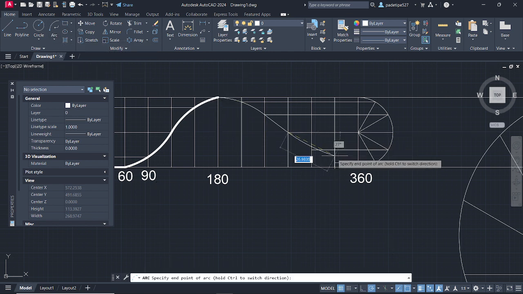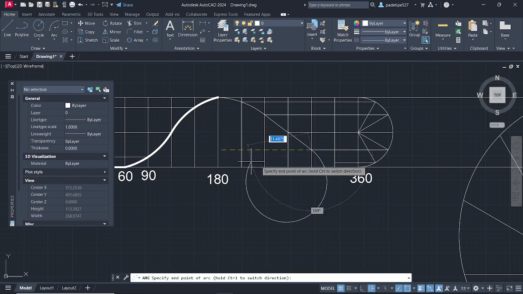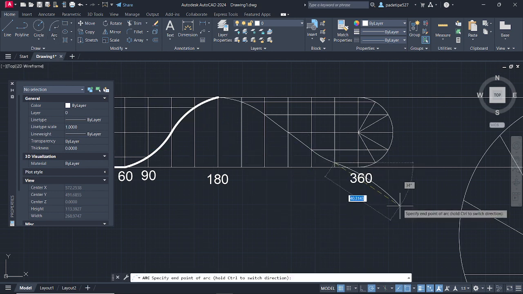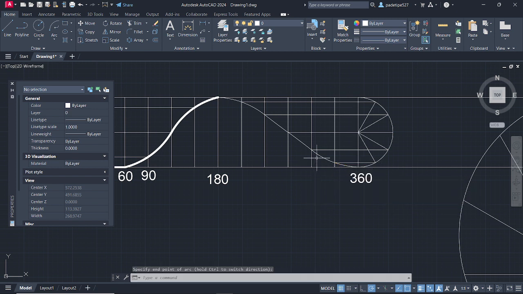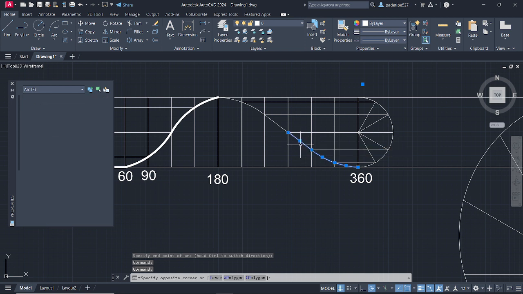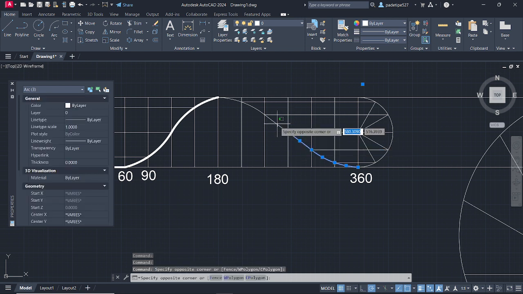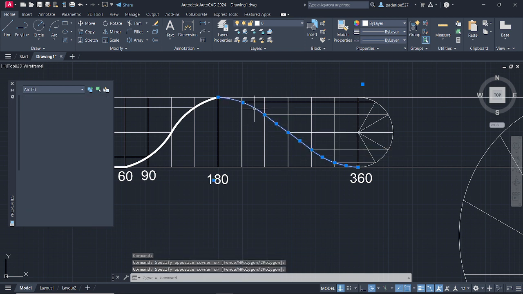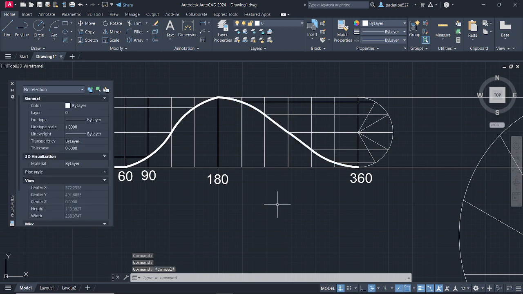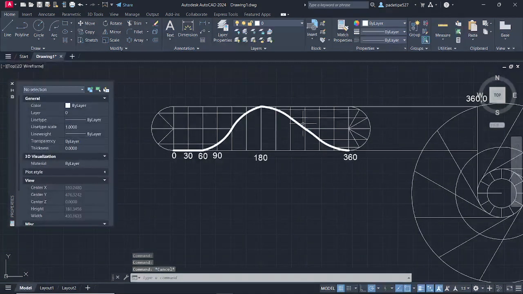Still use continue. So just click all of this. It's definitely no big deal, but personally it makes it look a particular way. So this is what we have.